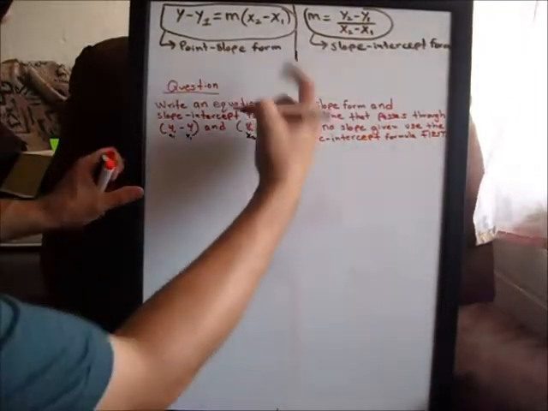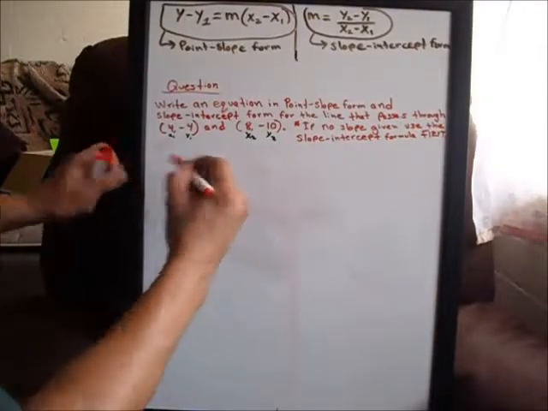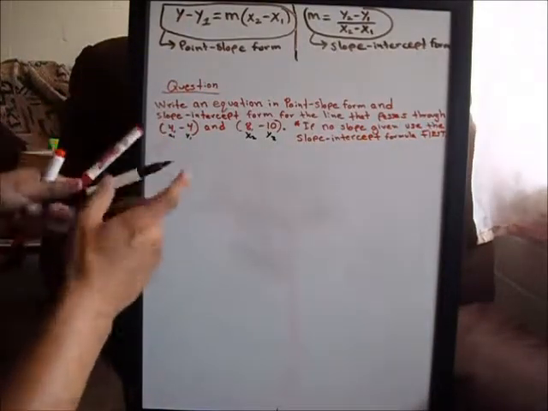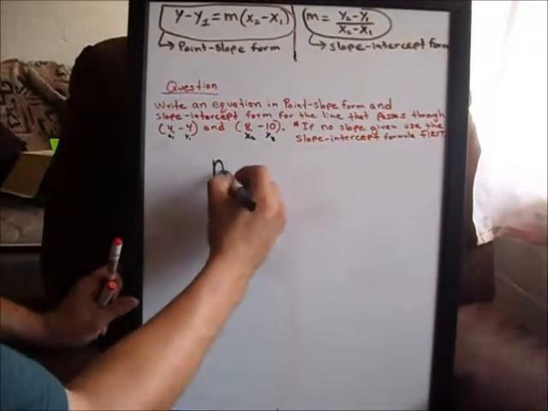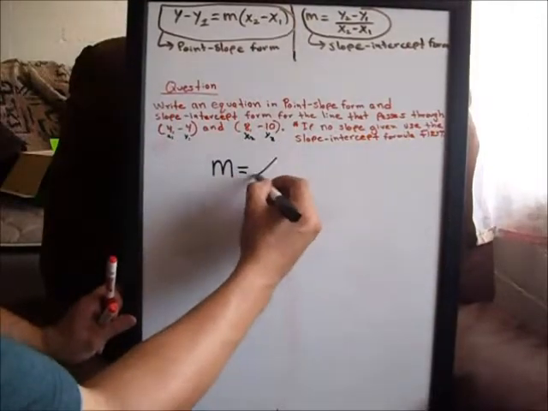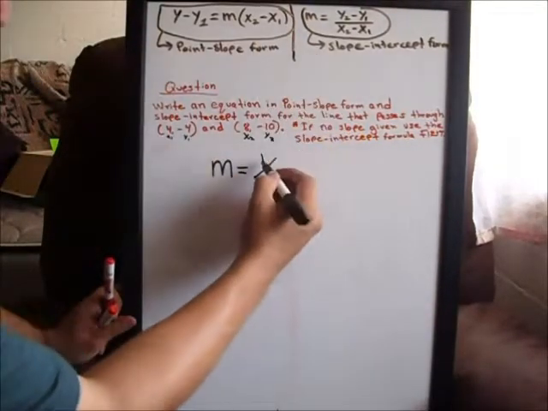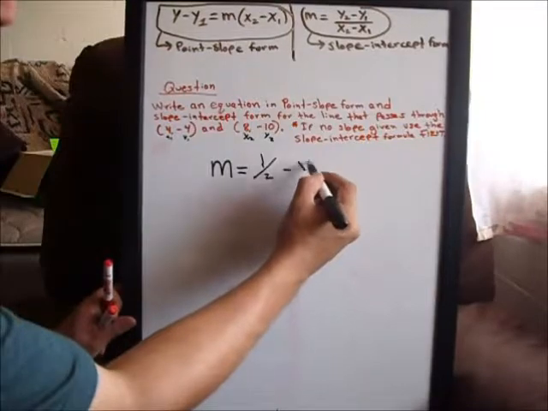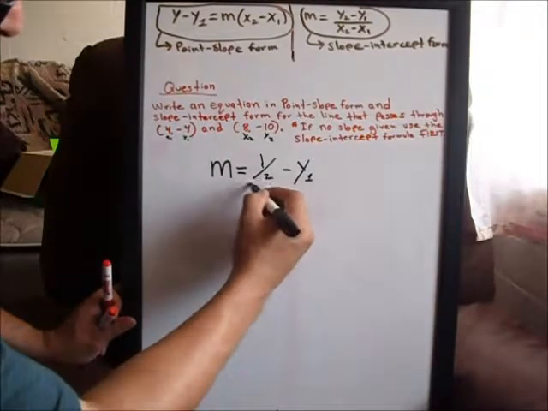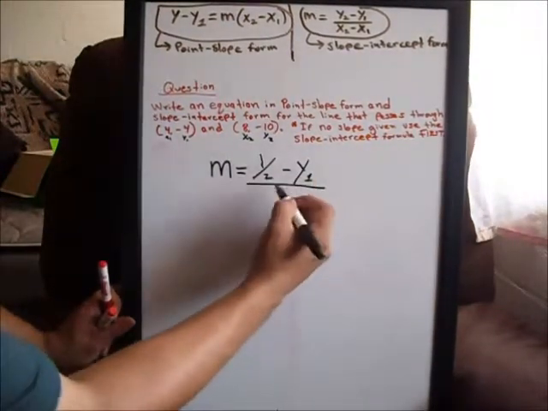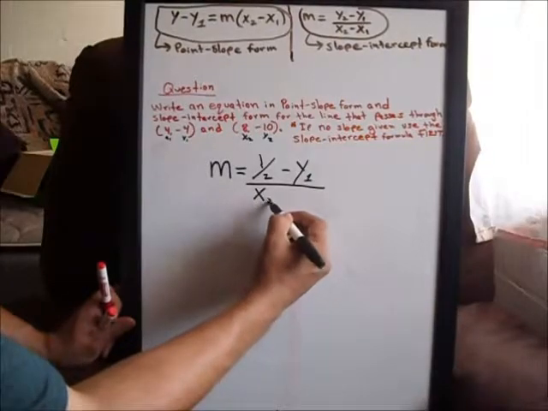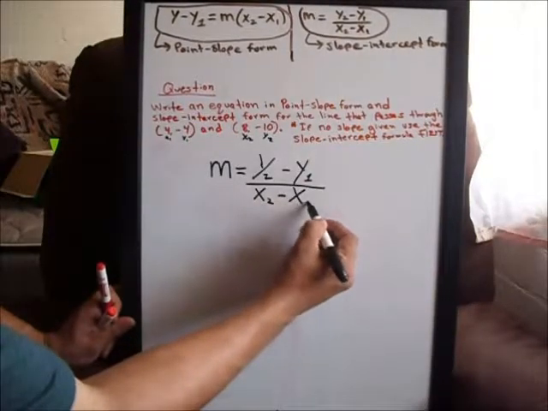I'm just going to rewrite the formula over here. Let me use the black marker. So this is the formula: y2 minus y1 over x2 minus x1.